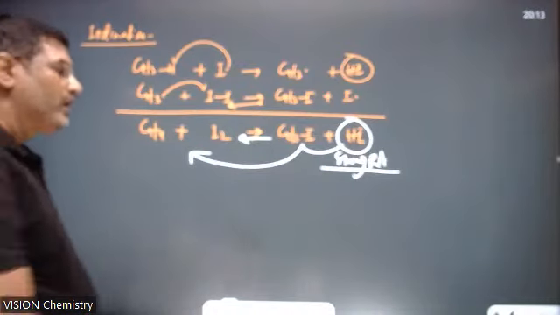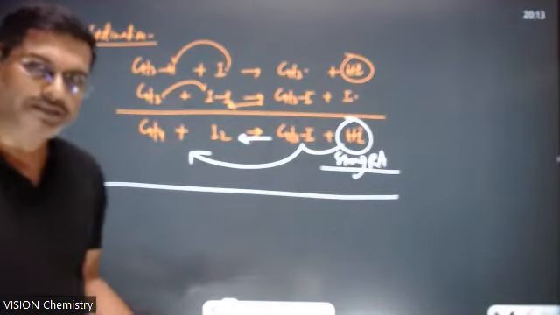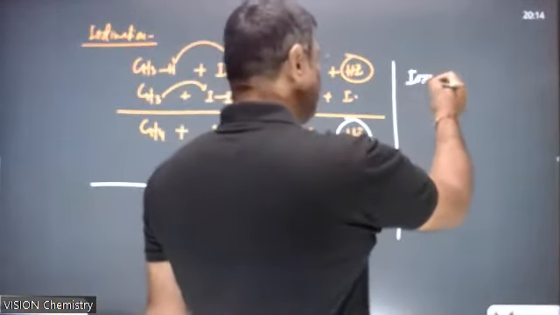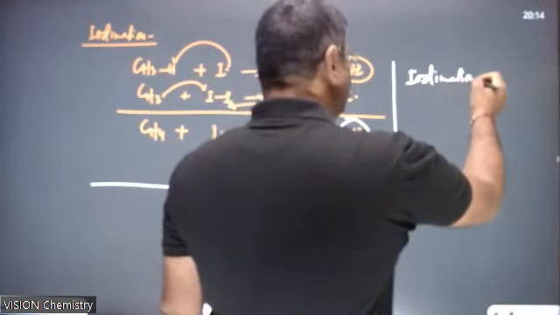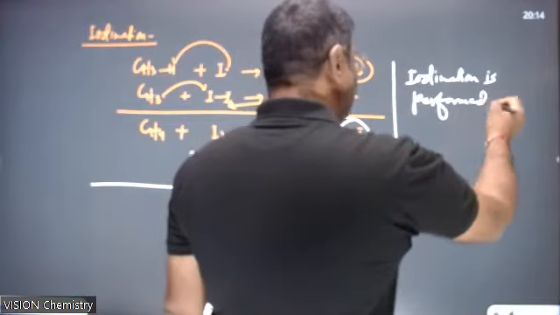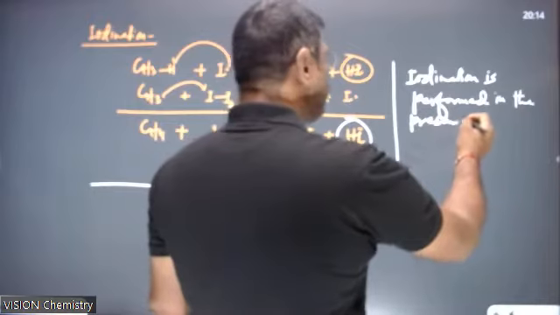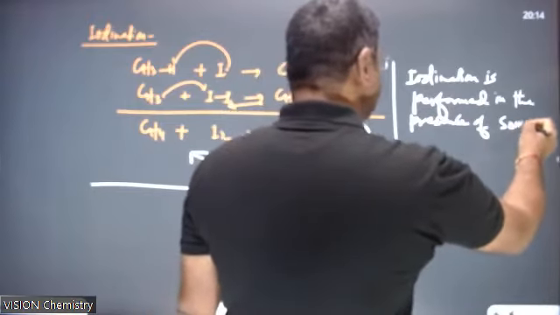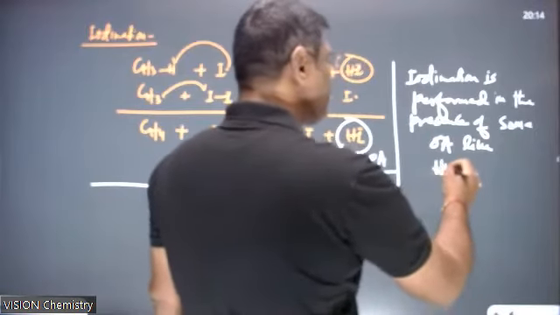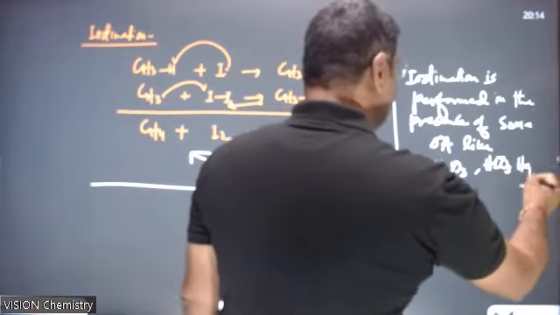So when we are very determined to take this iodide formation forward, the iodination is performed in the presence of some oxidizing agents like HNO3, HIO3, HgCl2.